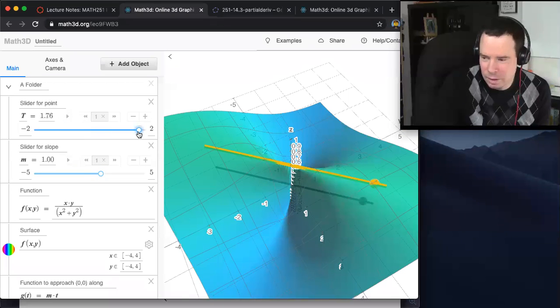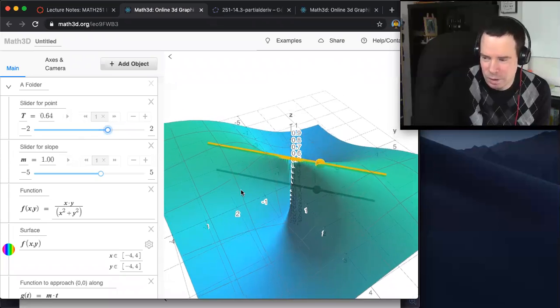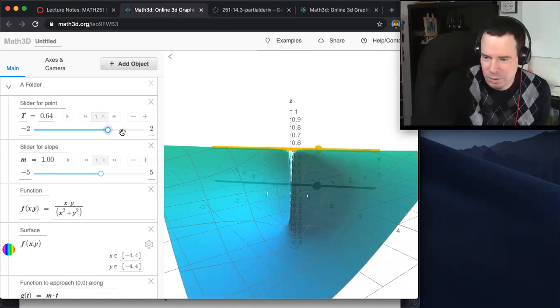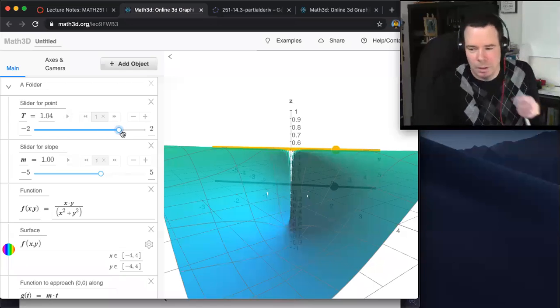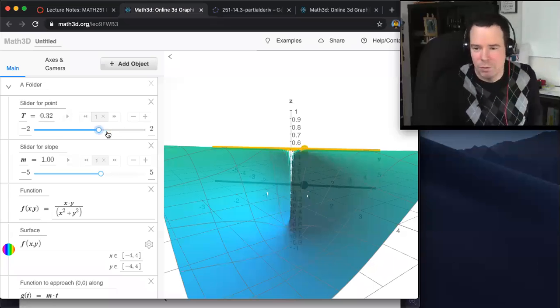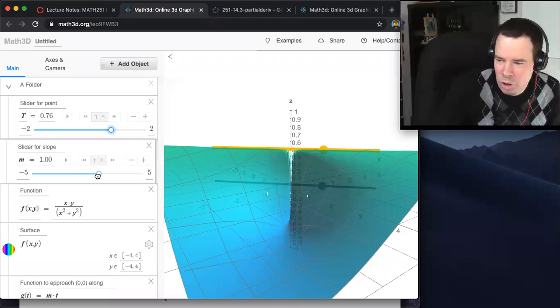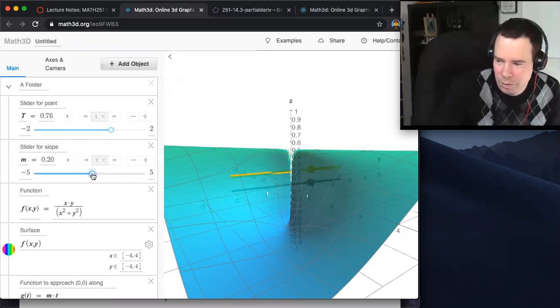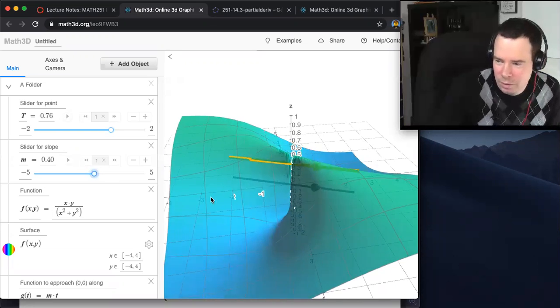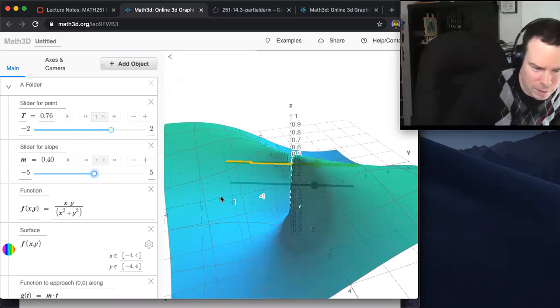And as I come along y equals x with x getting closer and closer to 0, my function value gets closer and closer to a half. In fact, it's staying at a half. And that's what we've picked up. Along the direction y equals x, my function value is a half. If I change the direction, if I come along various different lines, I can get various different heights. So this is what we're capturing here.